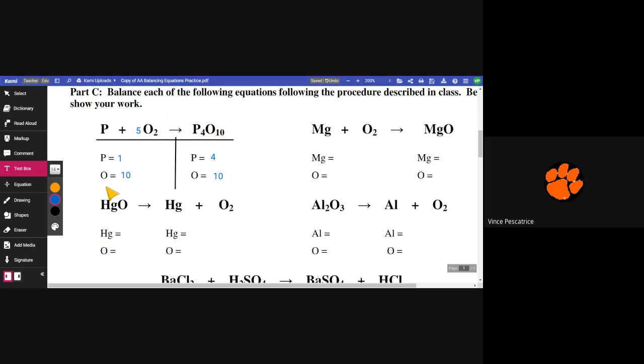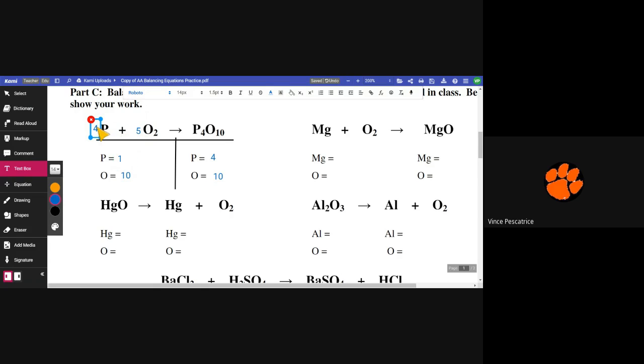You recount every time you add a coefficient. Every time you add a coefficient, you recount. And I still have 1 P. So now you can see that the O's are balanced, the O's are good, but the P's are not. Thankfully this is easy to fix. So what number times 1 is equal to 4? 4. So I put a 4 here.